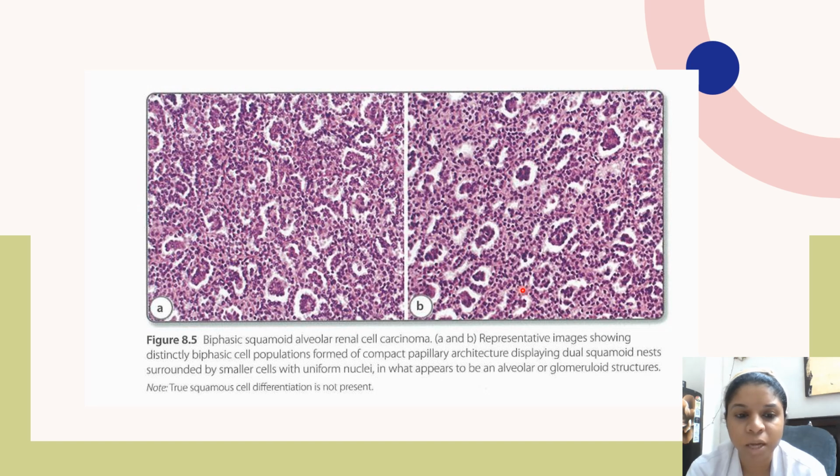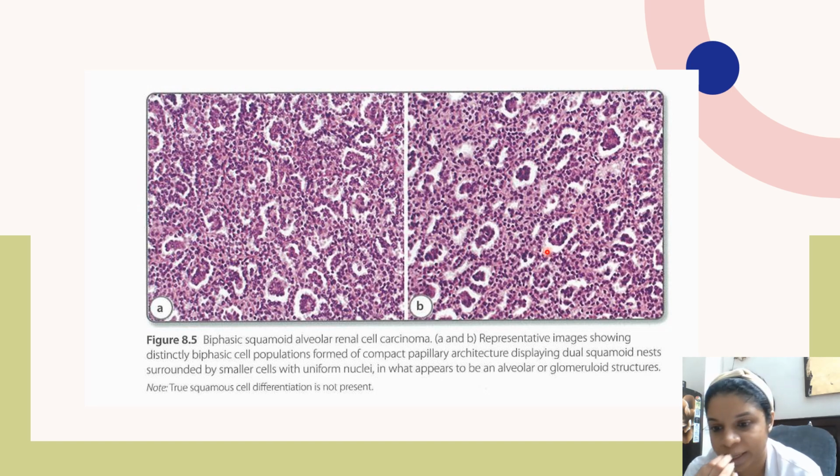The fourth type is biphasic squamoid alveolar renal cell carcinoma. In this there is a biphasic population, that is there is papillary architecture also. You can see here papillae are forming, micropapillae like also. And then there are also squamoid nests surrounded by smaller uniform nuclear cells, which gives a glomeruloid appearance.